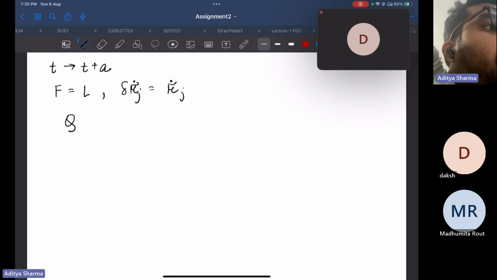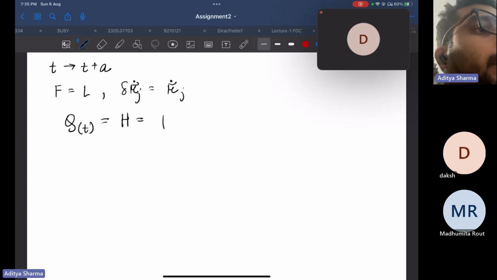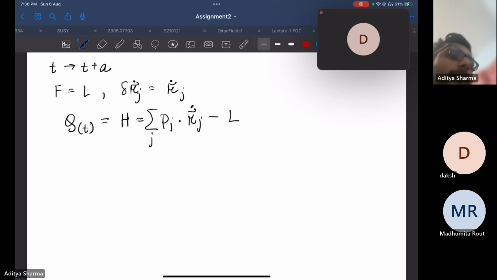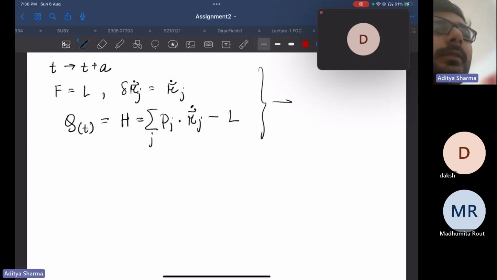Thus your conserved quantity with respect to time translations, which we also call the Hamiltonian, will be sum over j of p_j R_j dot minus L. This you can take as an exercise, okay?